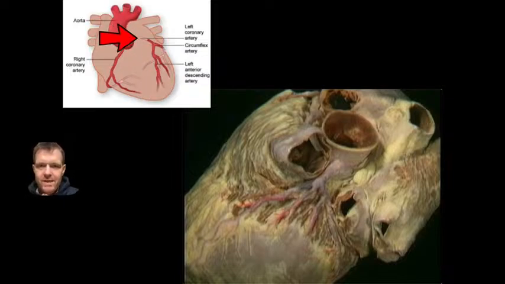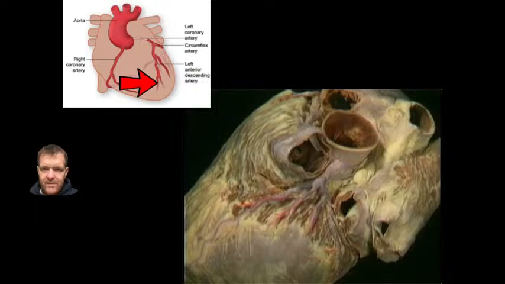So if you have a narrowing here, then that will affect the whole left ventricular function. If it's just down here, then it will only affect a small section of the heart, but the rest of it will be normal. So you might feel a little bit of discomfort, but it usually passes quite quickly because the rest of the heart can do its thing. So depending on where the blockage is will depend on where the problem is.